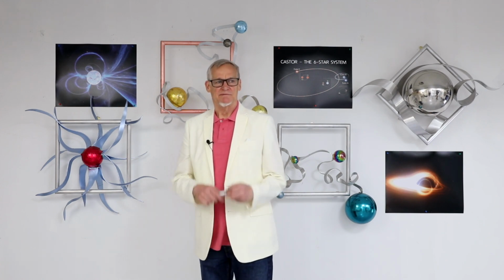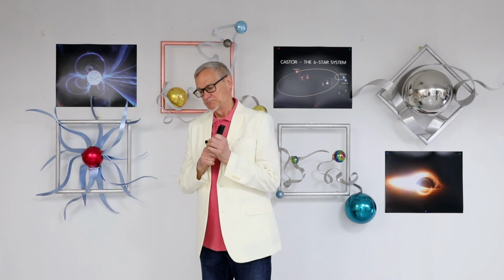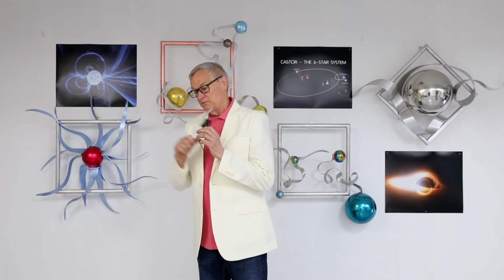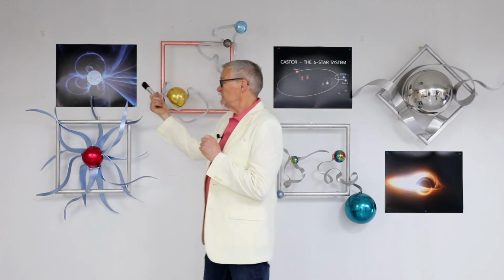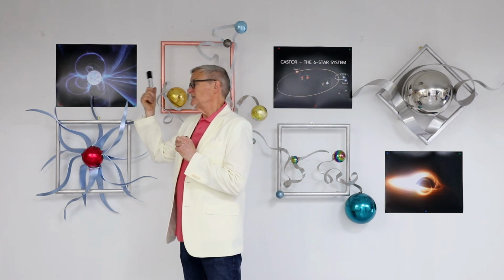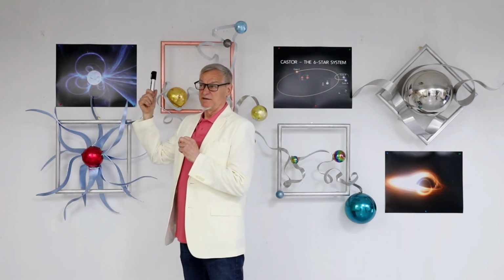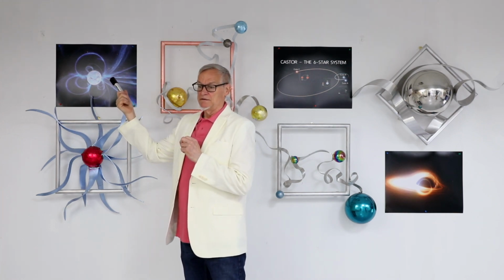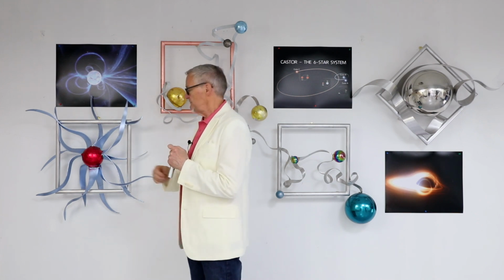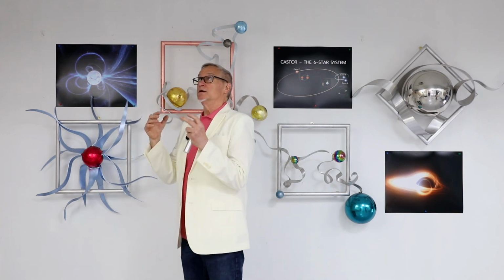So before we get too much into art, I'd like to introduce you to some of the more unusual objects that are up in space. This is a magnetar. It is a neutron star, and this stage only lasts about 10,000 years. This is kind of my version.